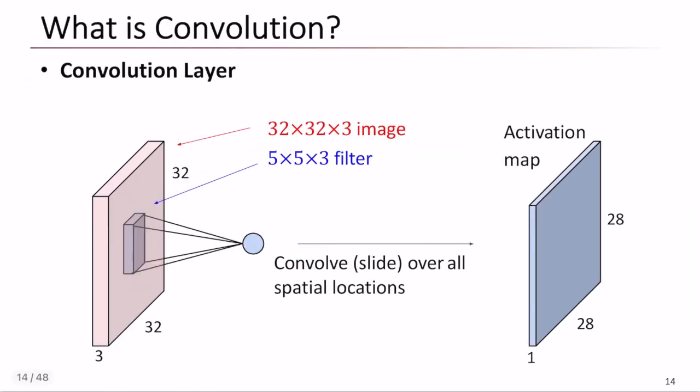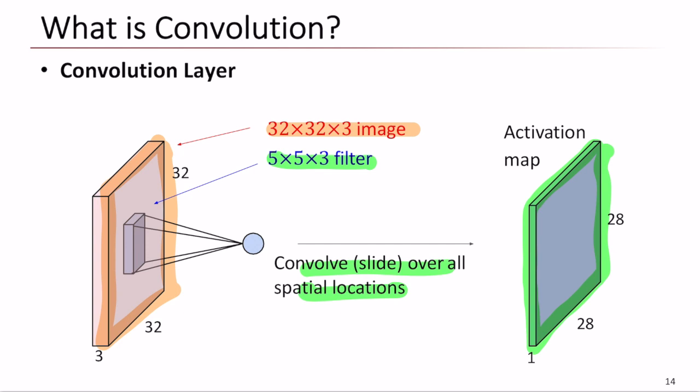In other words, if your input image has 32 by 32 by 3 elements, and your kernel is 5 by 5 by 3, by convolving or sliding over all spatial locations, you are going to generate a new output whose size is 28 by 28.